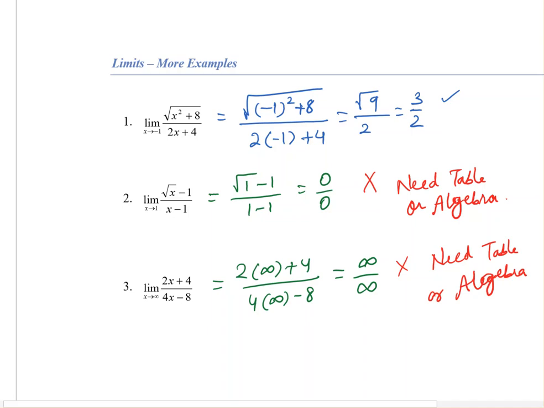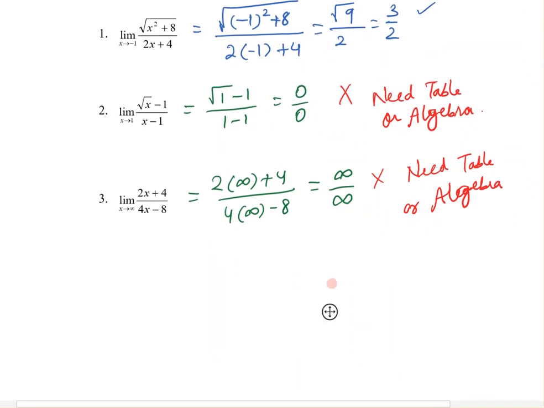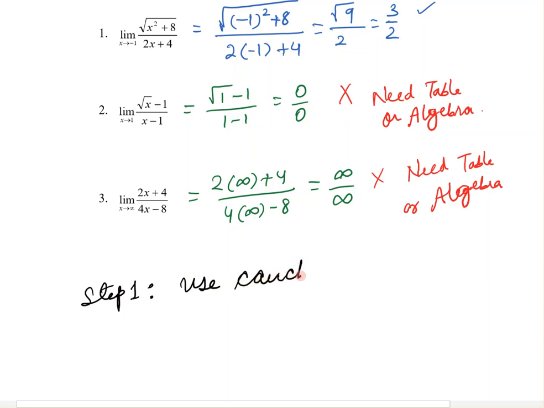What we learned from these examples is that while solving limits, step one is to use Cauchy's rules, meaning plug in the value, to determine the limit.